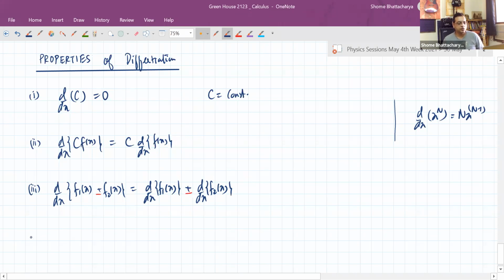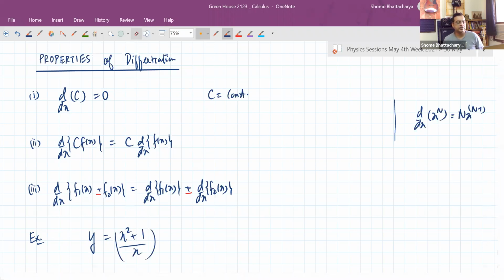of functions. So for example, we want to differentiate something like this: y is equal to x square plus 2 upon x. Now this looks like a very complicated function, but if we just reduce it a little using algebra and then apply the properties above, it becomes quite simple really.